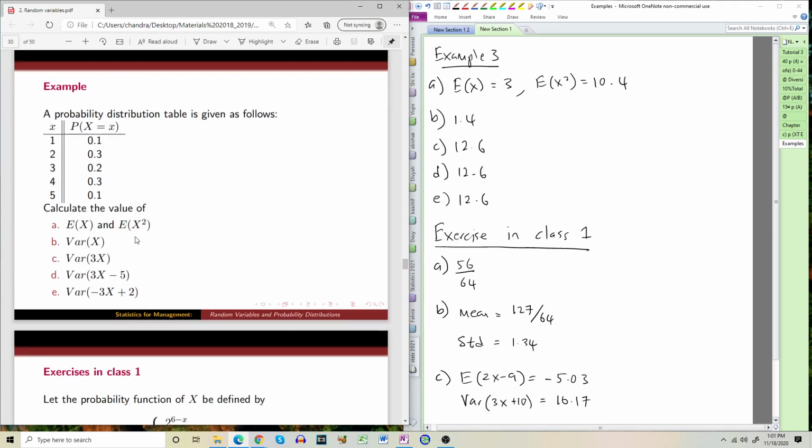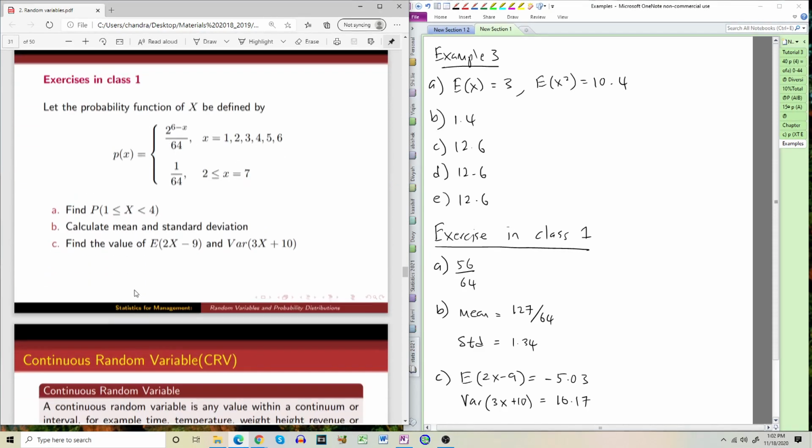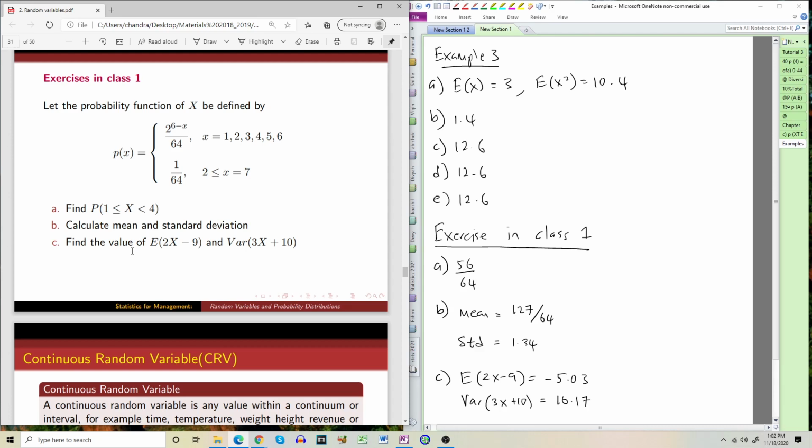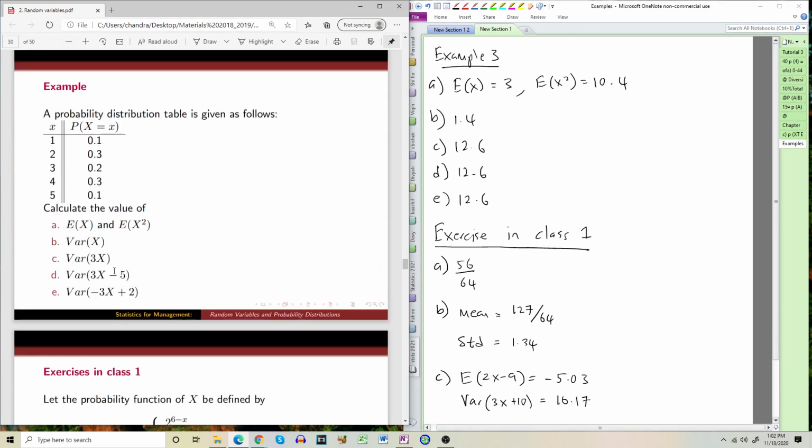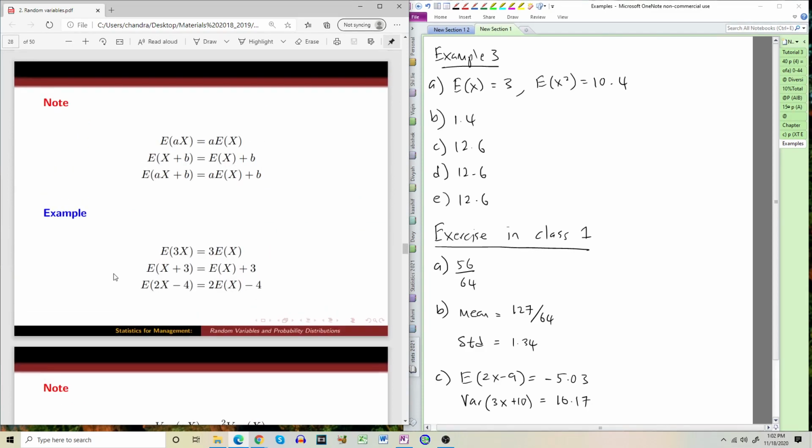In example 3, question C, there is variance of 3x minus 5, variance of negative 3x plus 2, and here in exercise class 1, expected value of 2x minus 9, variance of 3x plus 10. All these things, please refer to these two slides.